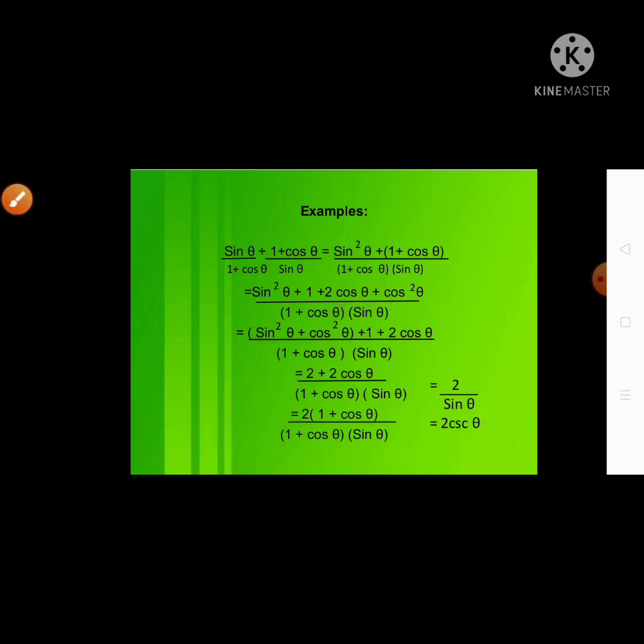Next is equal to sin squared theta plus cosine squared theta plus 1 is 2 plus 2 cosine theta over the quantity of 1 plus cosine theta, the quantity of sin theta, is equal to 2 over 2 the quantity of 1 plus cosine theta over the quantity of 1 plus cosine theta, the quantity of sin theta, is equal to 2 times 1 is 2.